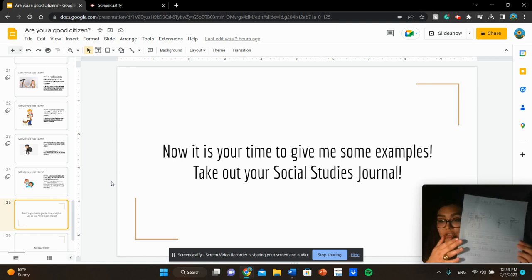As you can see, I did 2 sentences, okay? And I did 2 pictures that represent both of these sentences. So the first one says, "My mom and I clean up the dishes." And this is an example of being a good citizen because it is important for me to be responsible and help out my mom put away the dishes, right?